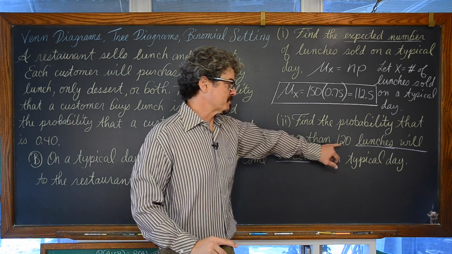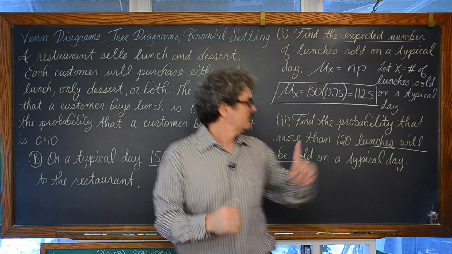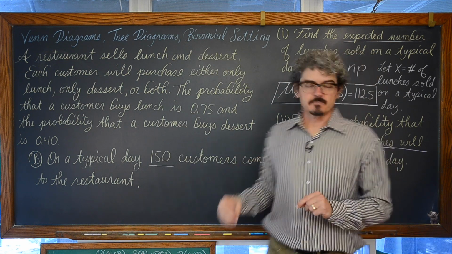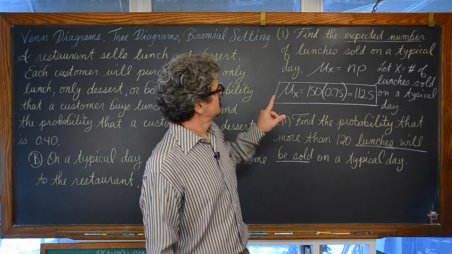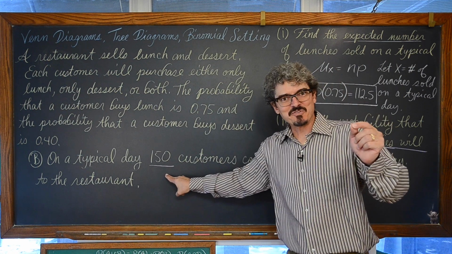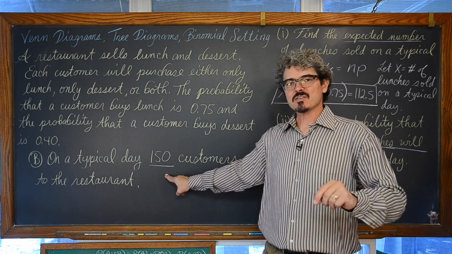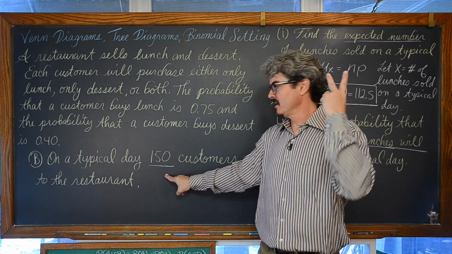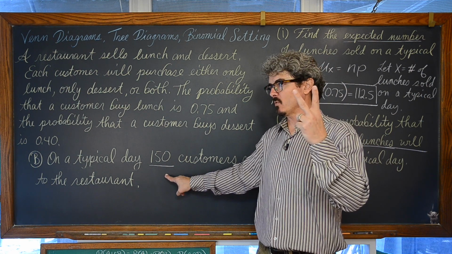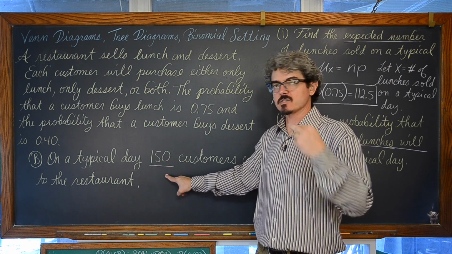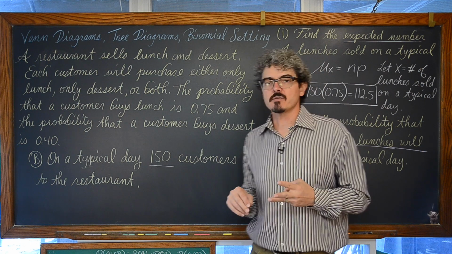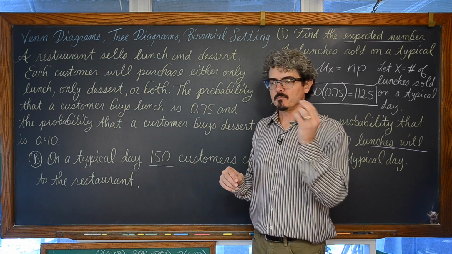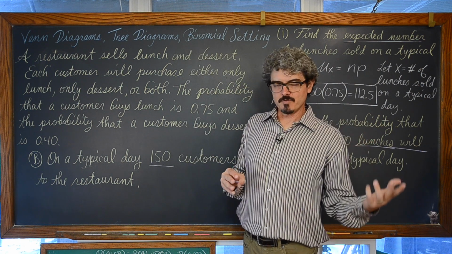That set number is those 150 customers. So we have two outcomes, lunch or no lunch, a set n of 150 customers coming in during a typical day, a constant probability of 0.75, and the assumption that one customer buying lunch is not going to affect the next customer buying lunch.